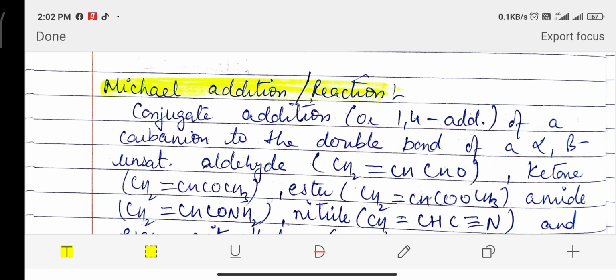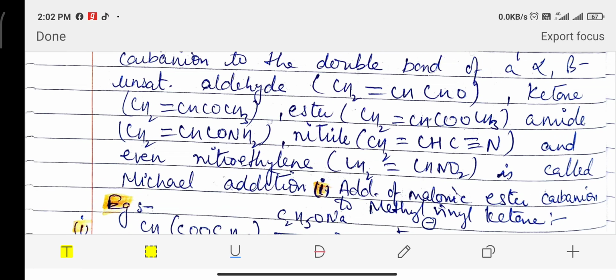In this, conjugate addition, also called 1,4 addition, of a carbanion to the double bond of alpha beta unsaturated aldehydes or ketones or esters or amides or nitroethylene is called Michael addition.